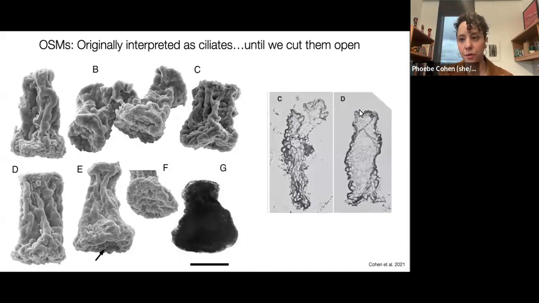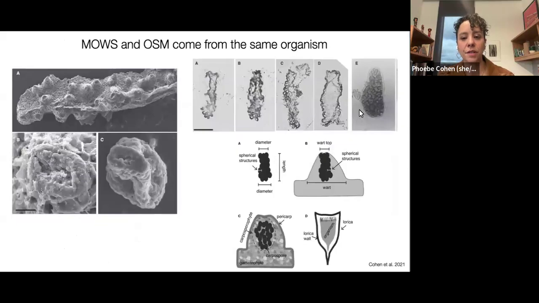And so this really changed our interpretation, and it especially changed our interpretation because we also did sectioning through those MOW warts. And so what we discovered is that they were the same. So if you look at this upper panel here, on the left, A and B are cross sections through warts on the surface of one of these sheets. C and D are cross sections through these individual spores.